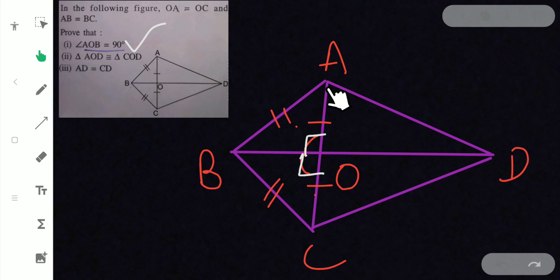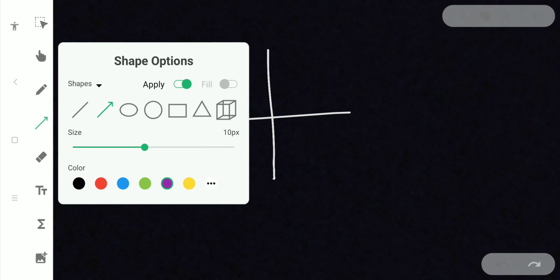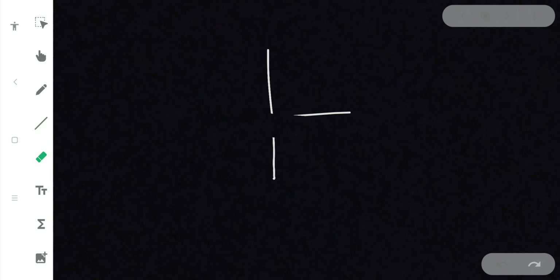So here also we should prove the congruent parts. But before going into the second bit, I would like to let you know one thing. If our two lines are intersecting, so I'm drawing the exact one.